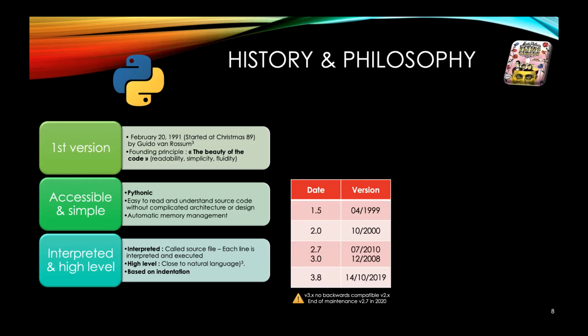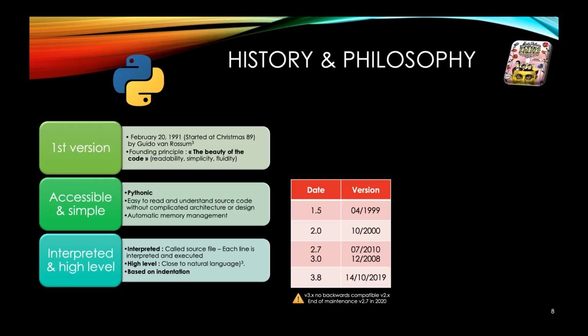There was a real cleaning in the language, and there is no backwards compatibility between version 3 and version 2. The end of maintenance of version 2.7 was in 2020.